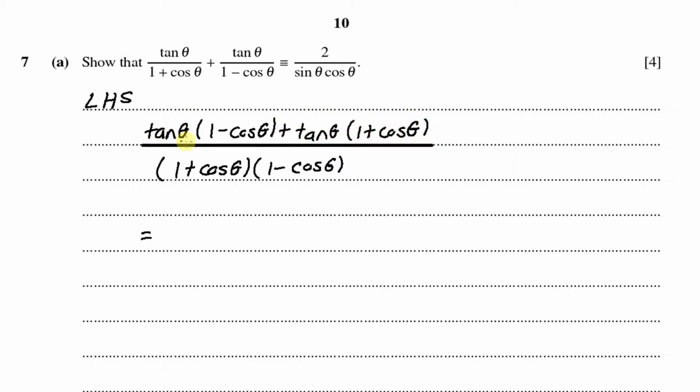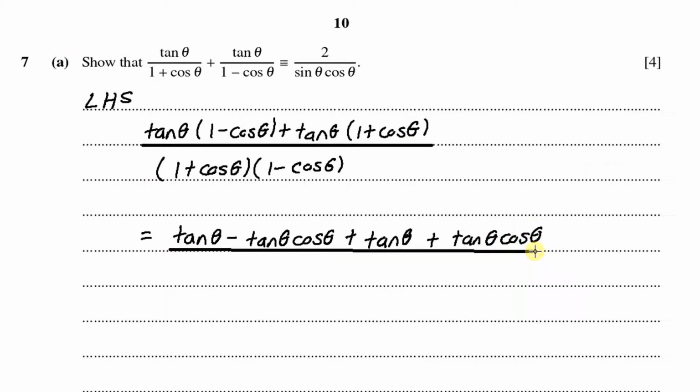So I'll continue simplifying. Tan theta times 1, that's tan theta. And tan theta times minus cos theta is minus tan theta cos theta. And here I have plus tan theta times 1, that's tan theta. And tan theta times cos theta, that's tan theta cos theta. And it's all divided by the denominator.